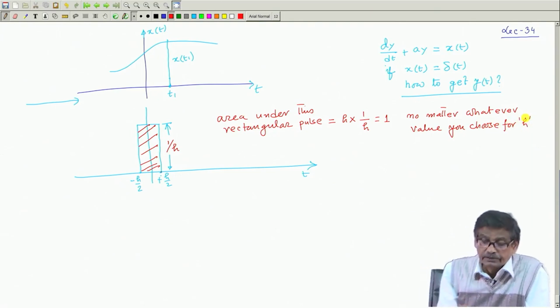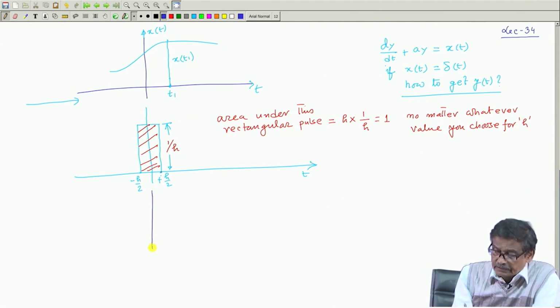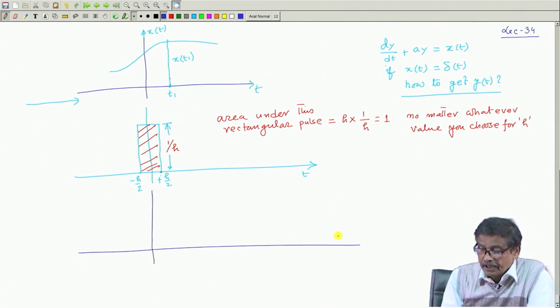Now, the next thing I told was that this h I will make smaller and smaller, such that these 2 points will come closer to the origin t equal to 0.